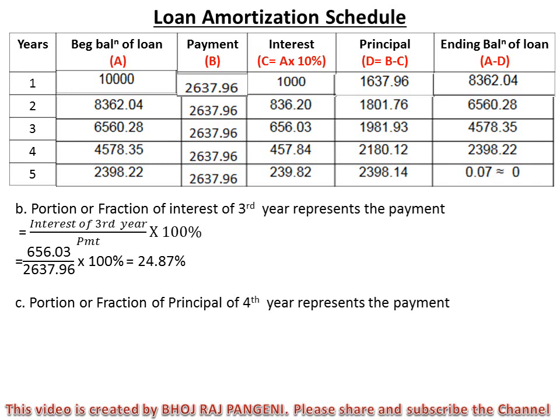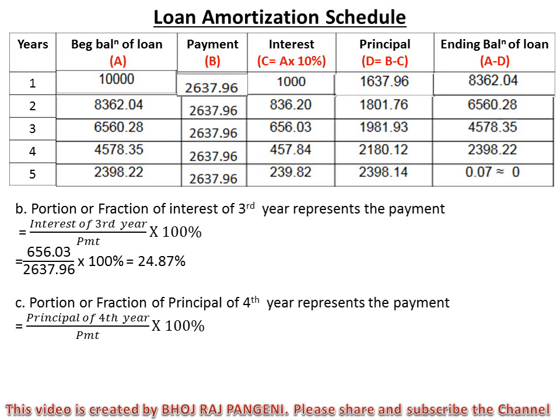Again, portion or fraction of principal of fourth year in the payment is equal to the principal of fourth year divided by payment times 100%. Have a look at the principal of fourth year, principal column and year 4 row.